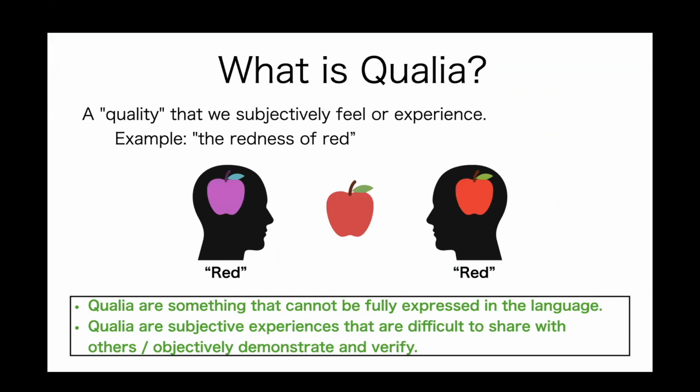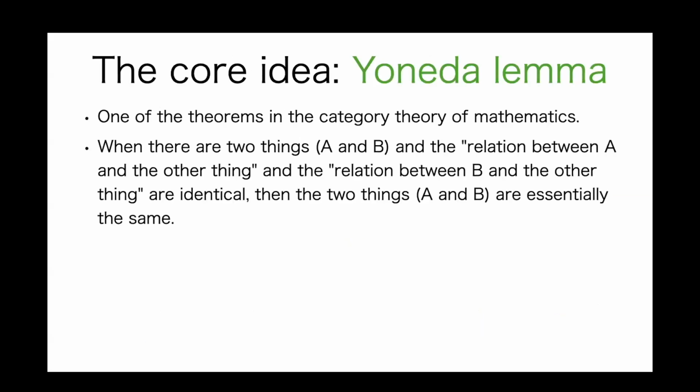Now I explained a lot about Qualia, so I'm not going to detail, but Qualia is something like we verbally express, but we cannot really know what other people experience. Even though we have the same verbal expressions, our subjective experience might be different, but we don't know how to compare them.